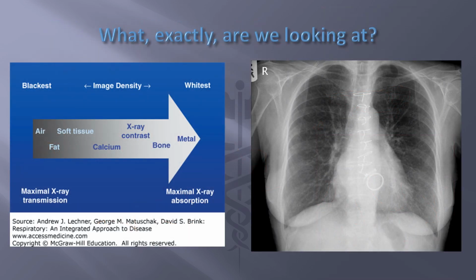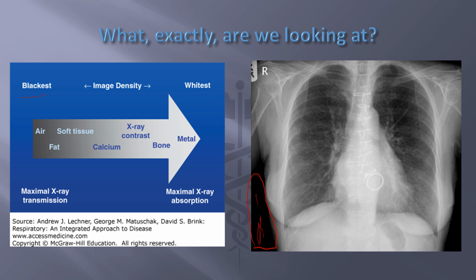So what exactly are we looking at? When the X-ray is taken, the radiation goes through what you're imaging, and the X-ray or radiation is absorbed by different densities. So air has no density, relatively speaking, so none of the X-ray is absorbed, and it's indicated by just this pure black.